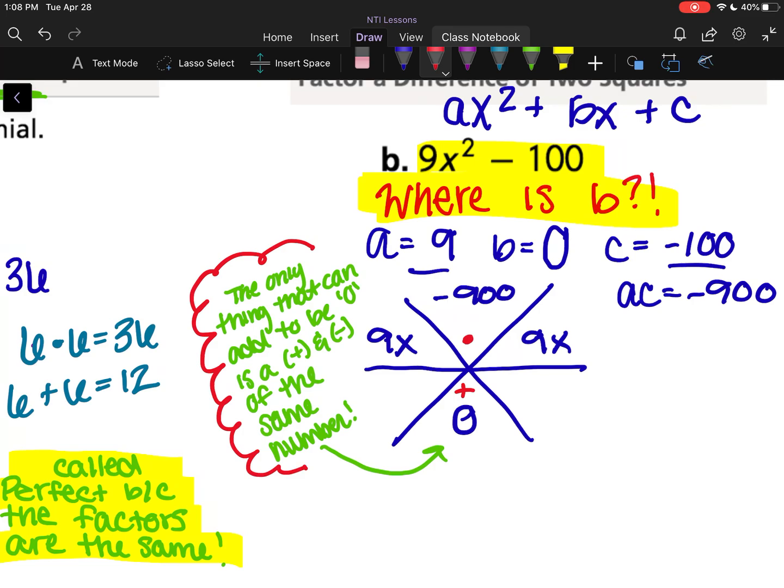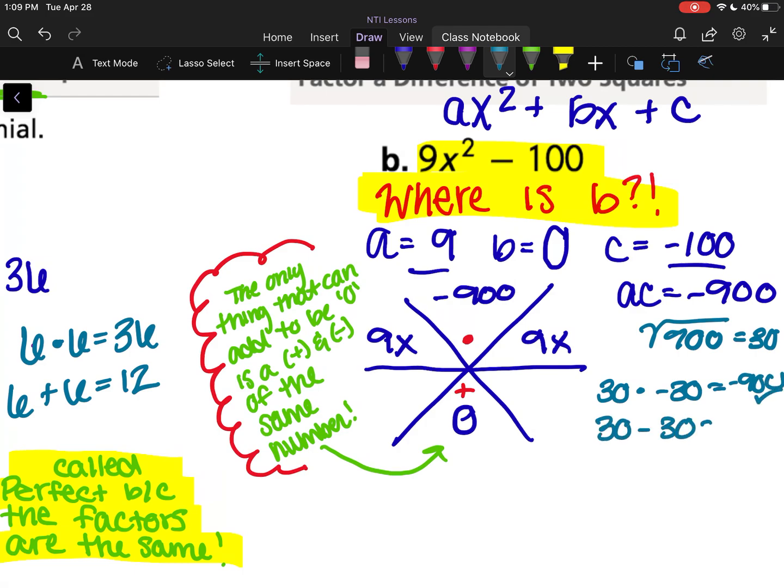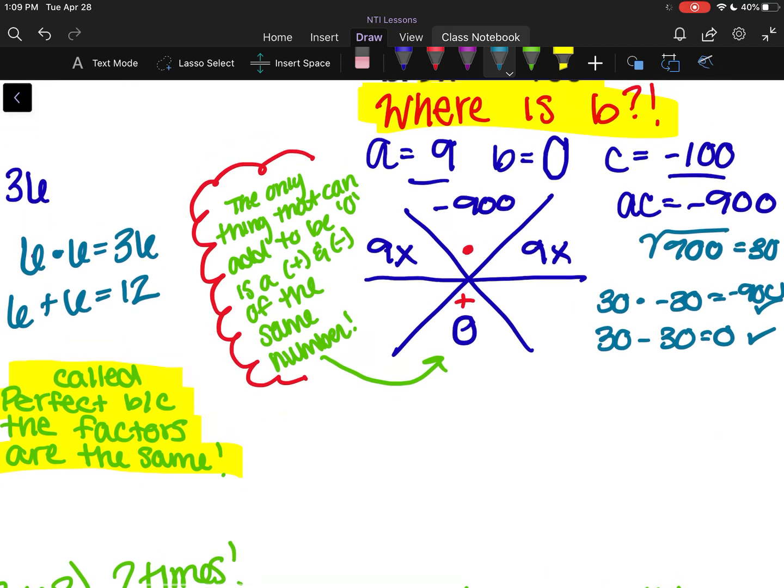So since we know we're looking for the same number, we can take the square root of 900, and that is 30. That tells us, let's check, one will be positive, one will be negative. Is 30 times negative 30 negative 900? Yes. Is 30 minus 30 0? Yes.